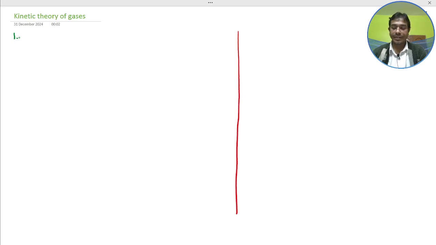The kinetic theory of gases: the ideal gas equation states that PV = nRT, and the gas constant R = 8.31 joule per mole Kelvin.